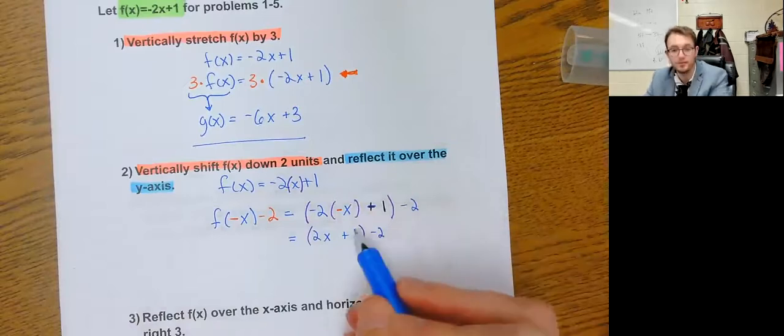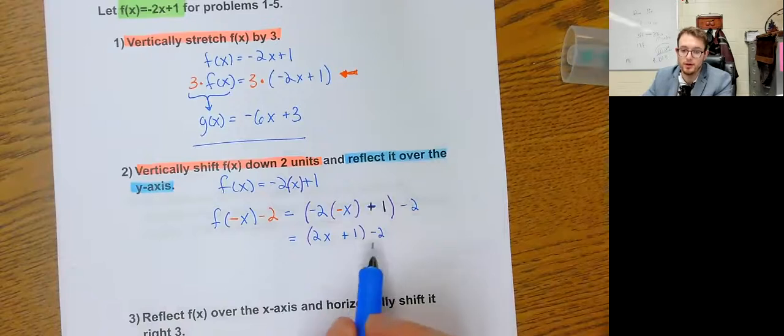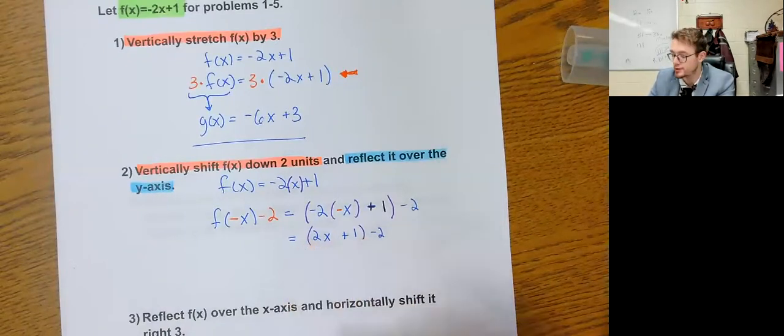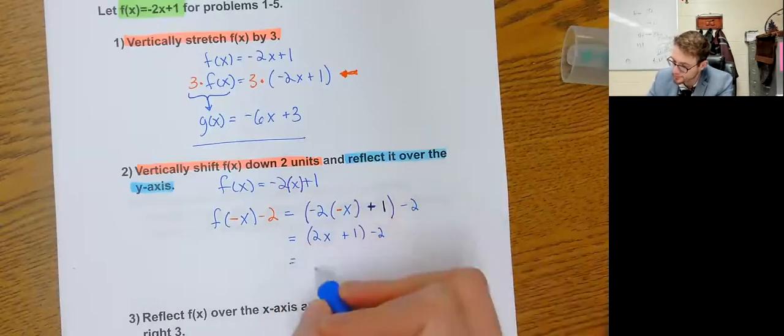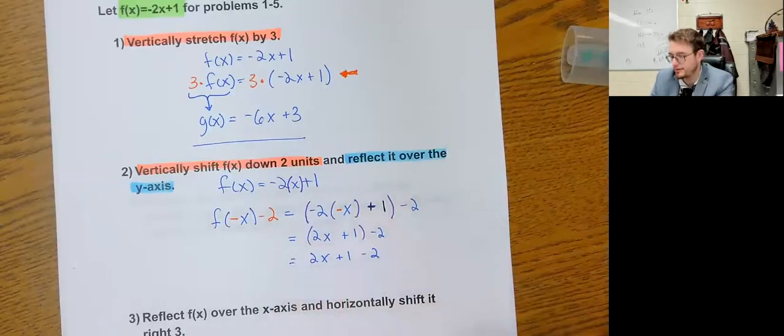Minus 2. So we simplified the inside. If the inside is simplified, I can't do anything more to it. Are these parentheses important? They are not, so we can just drop them. And when we drop them, we get this.